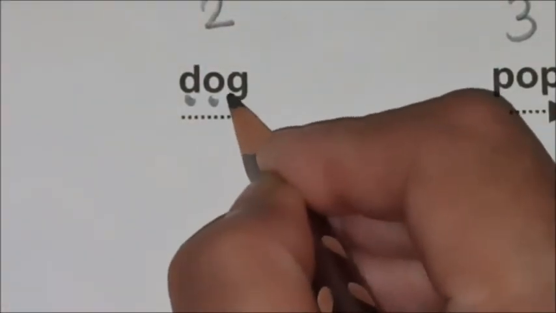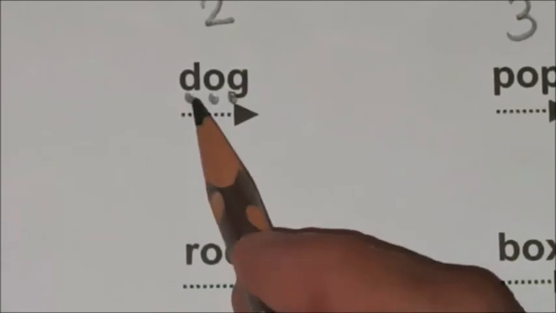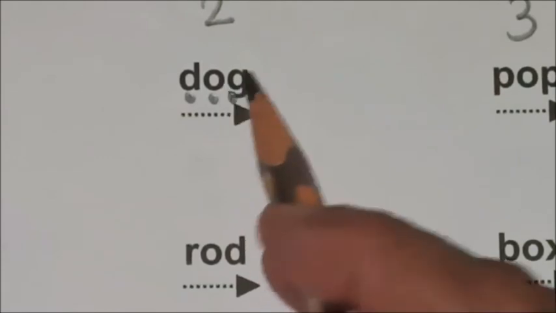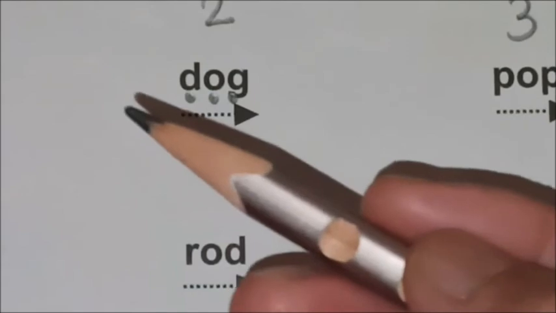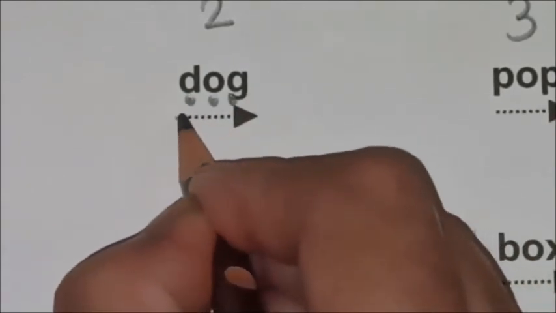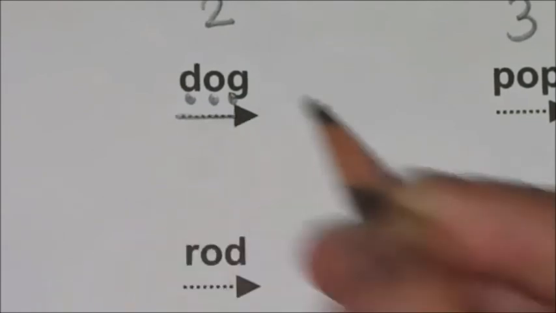One dot for ga. Dog. Did you hear the dog barking? Now, pencil on the dog arrow. Dog.